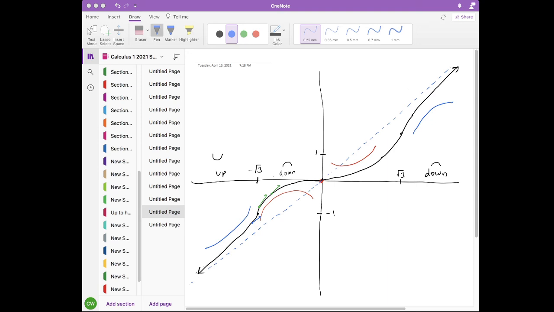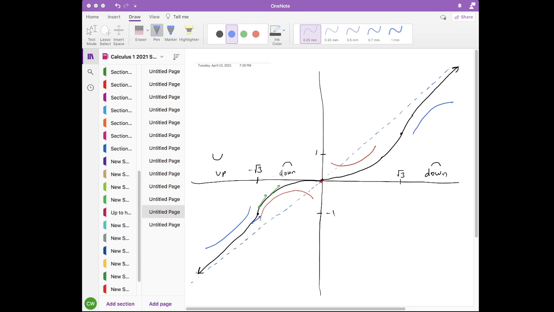Yeah, it's hard to see. It's unfortunate. If you plug this into the calculator, it doesn't show where the concavity flips, so it's not very helpful. Anyway, that's all we have for today.